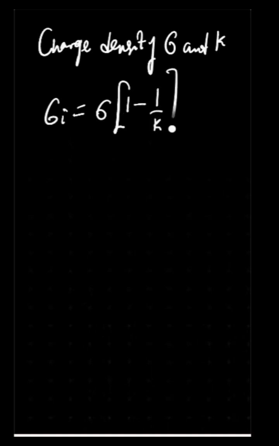The induced charge density, that is the charge being induced at that point, is equal to the normal charge density times, in brackets, 1 minus 1 over K. So if we know all those things now, we can go and be solving questions.